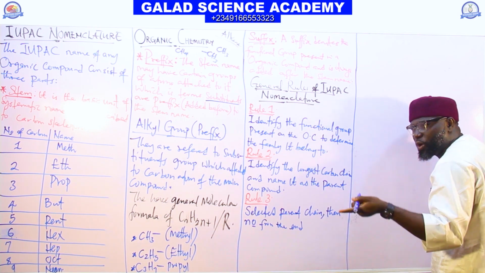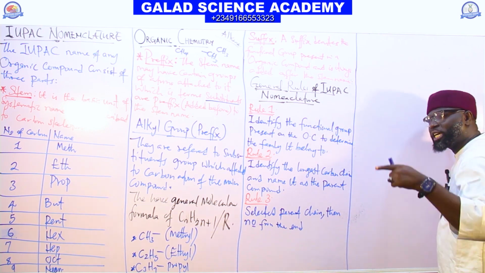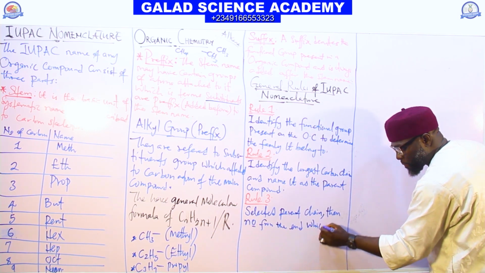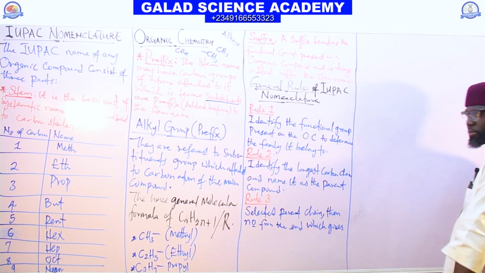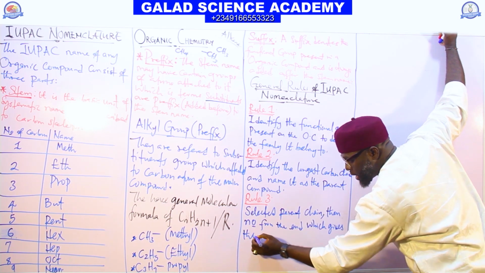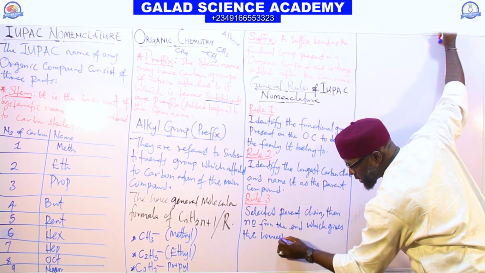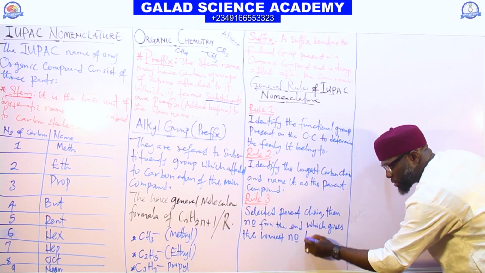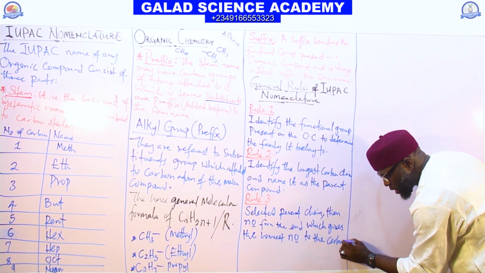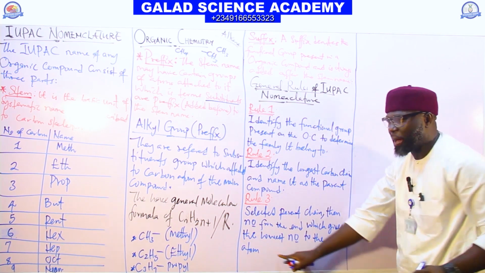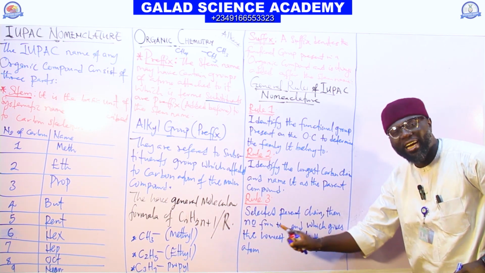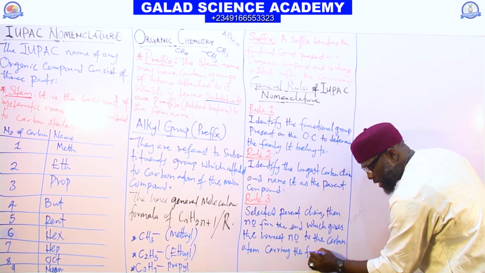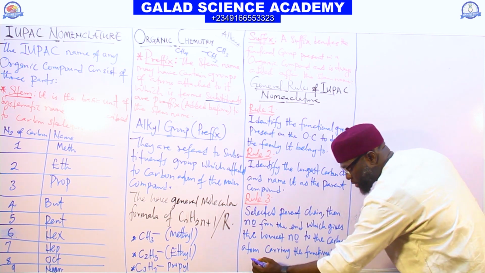The end which gives the lowest number to the carbon atom carrying the functional group. So, number from the end that gives the lowest number to the carbon atom carrying the functional group.